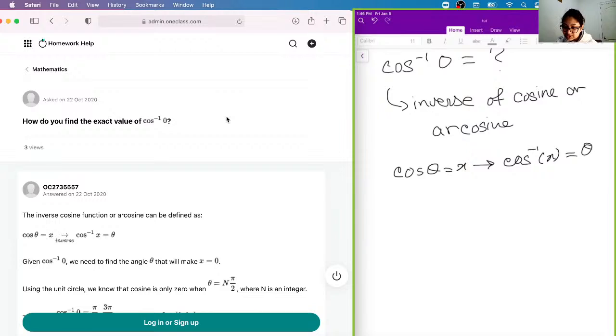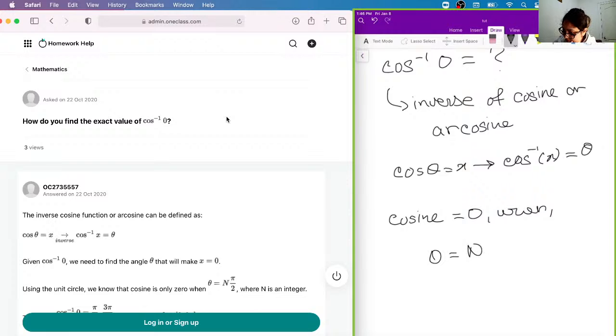And so from the unit circle, we know that cosine is 0 when theta, or the angle that represents the cosine, is equal to n, where n is an integer, so it basically represents a number.